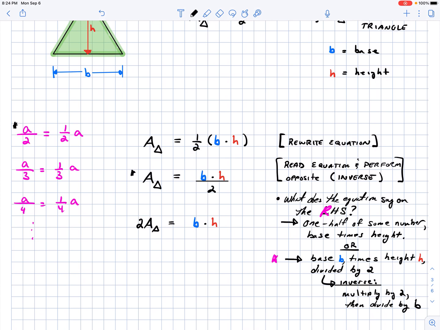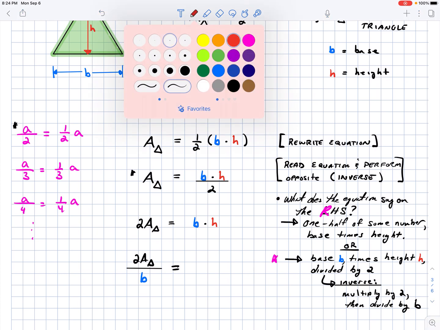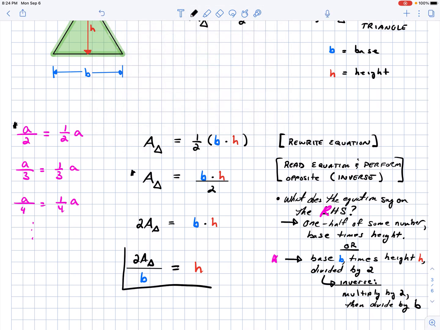All I'm doing is solving this, so I'm going in reverse. There's my 2 times the area of the triangle, and then all I want to do is divide it by b, and then set it equal to h. Now, that is the solution. Why is that the solution? Because it is now isolated for that particular variable, in this case, the height of the triangle.